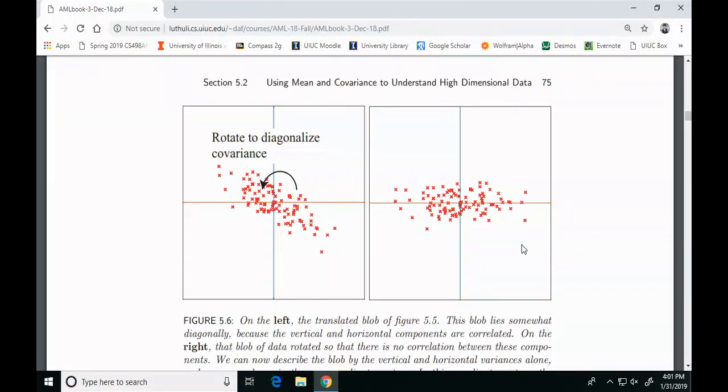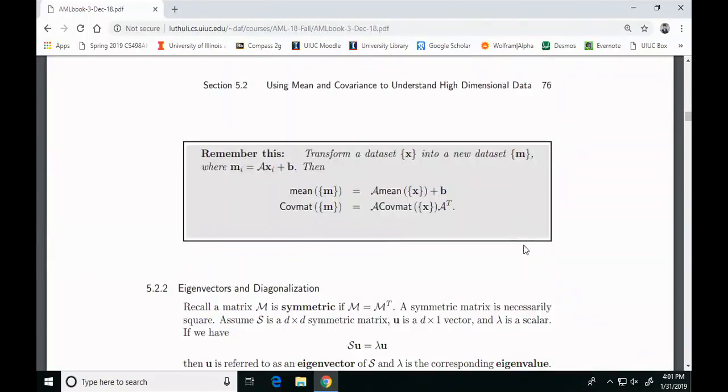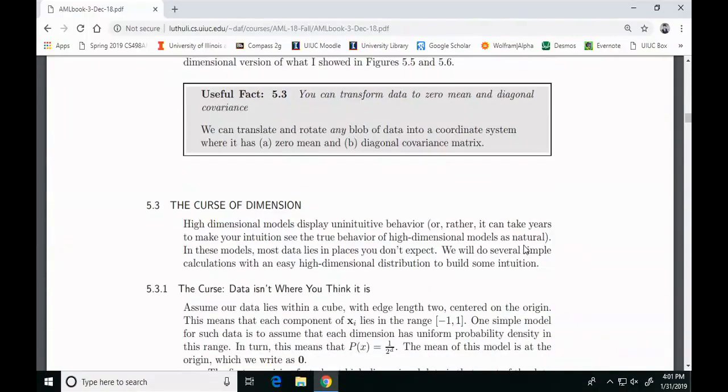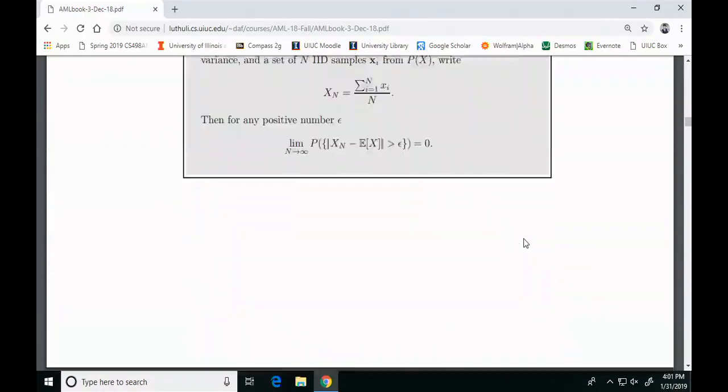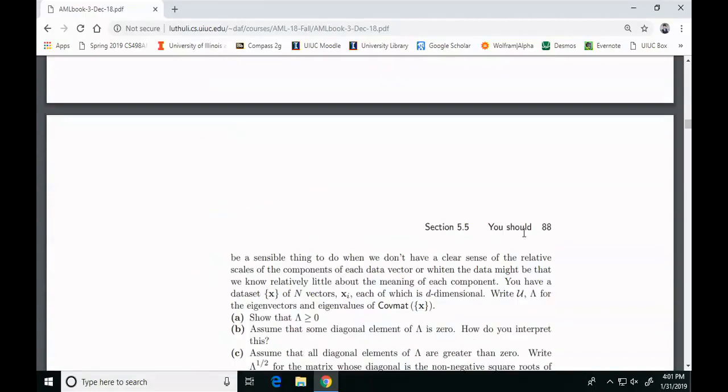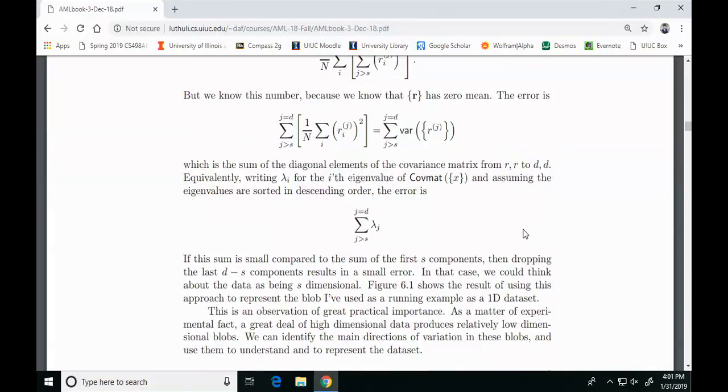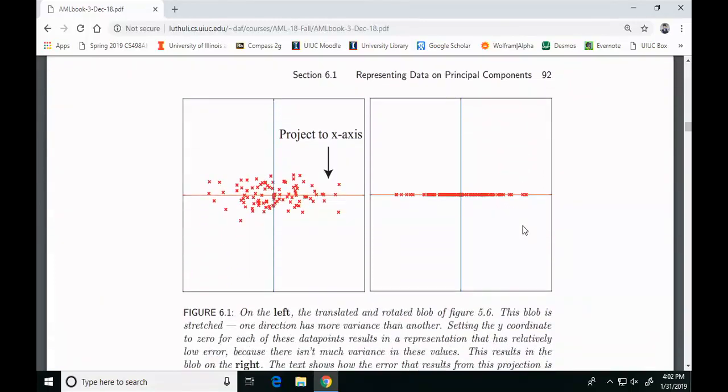And then the next step, which I think we have a picture down here. I apologize, I thought that picture was right there. It may not be. Ah, there it is. The next step is that in that new rotated space, we're going to choose some number of components and zero them out. We're going to choose the components that have the least amount of variance.